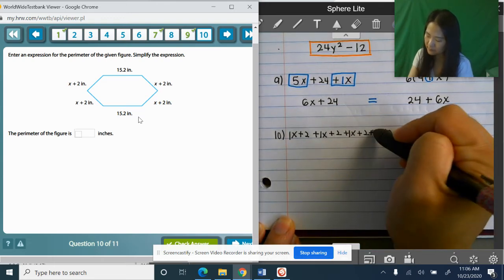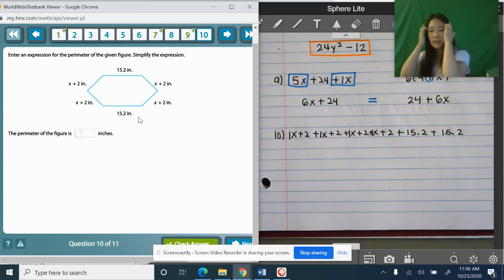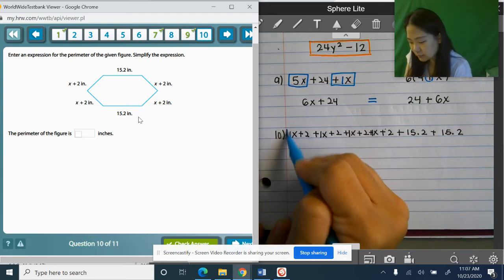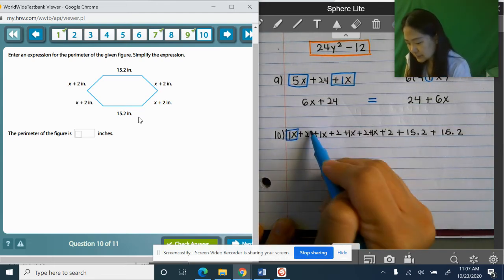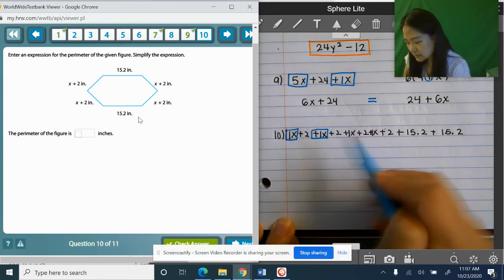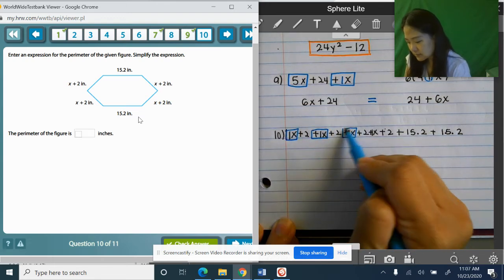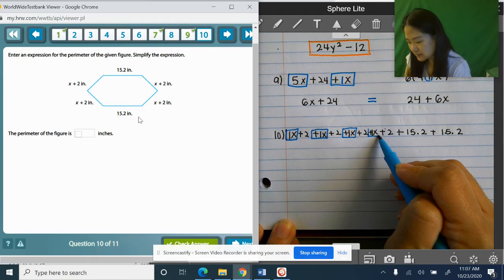Now I'm going to combine my like terms. I'm going to first circle all of my like terms. My like terms are here: 1x plus 1x plus 1x plus 1x.